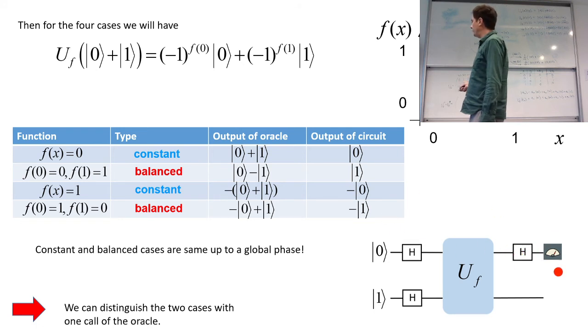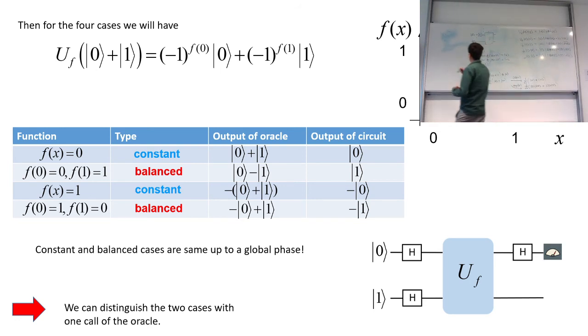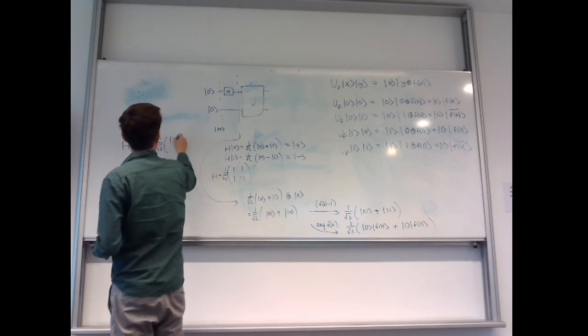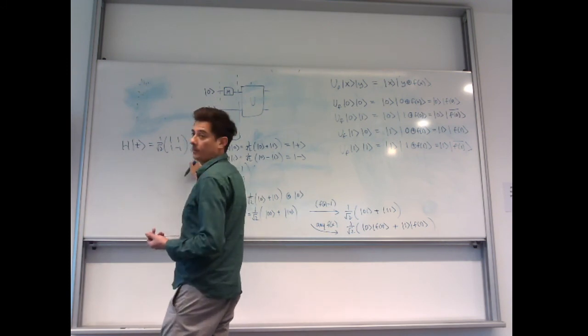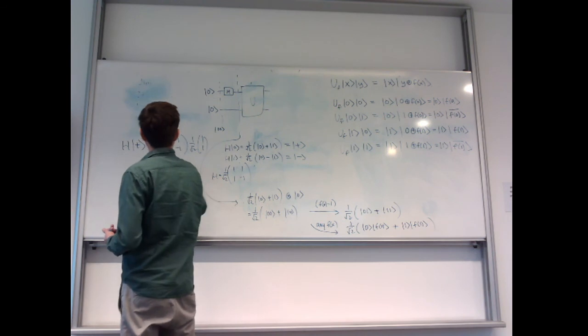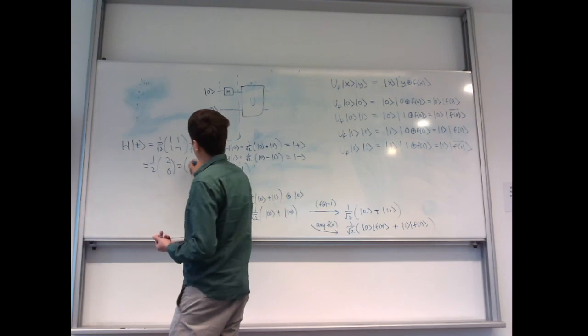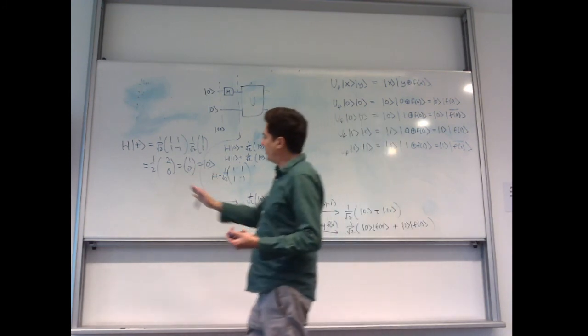So if you apply Hadamard on the plus state, the Hadamard gate is 1 over root 2 times the matrix with rows 1, 1 and 1, minus 1, and the plus state is 1, 1. If you do this matrix multiplication, you'll find it's 2 and 0, so it's 1, 0. So plus turns into 0.